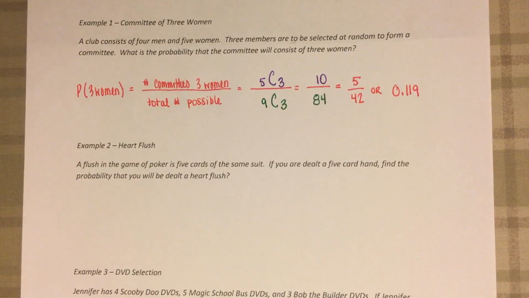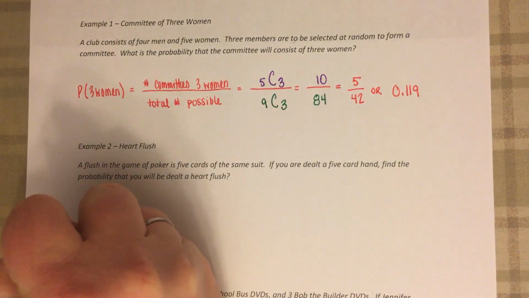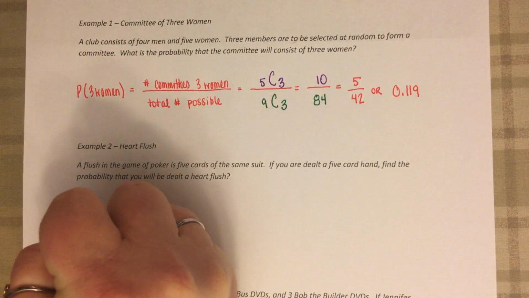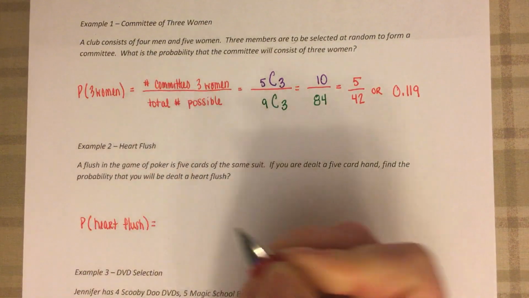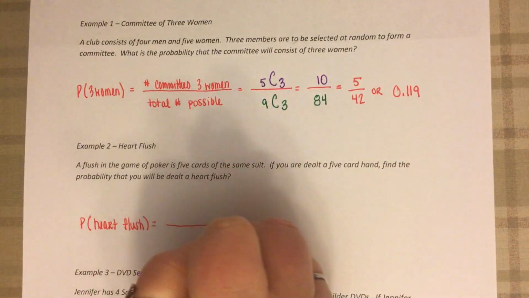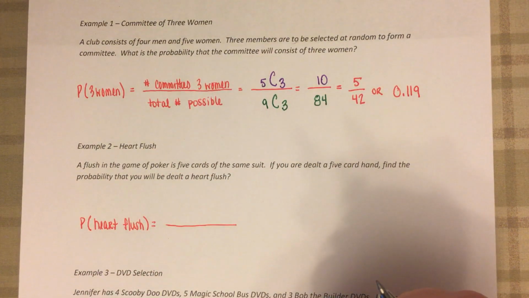For example 2, in a flush game of poker, there's 5 cards of the same suit. If you were dealt a 5-card hand, find the probability that you will be dealt a heart flush. So in this case, we are looking for the probability of a heart flush. What that means is we are being dealt all 5 heart cards.